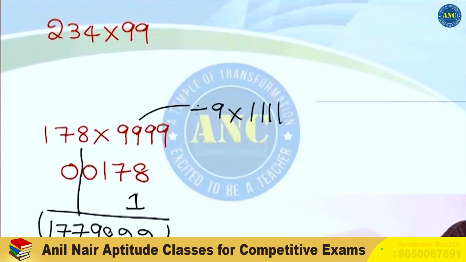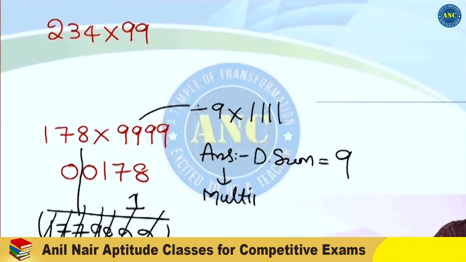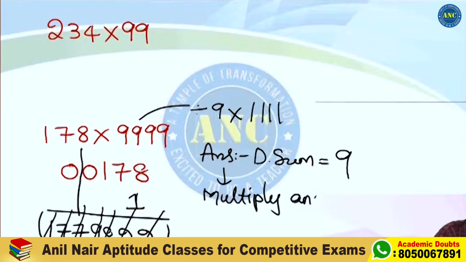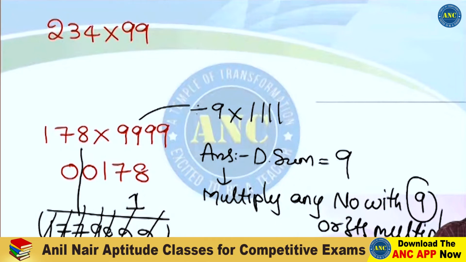4 nines is nothing but 9 into 4 ones. The answer digital sum should be 9. 7 plus 2, 9 out. 8 plus 1, 9 out. The answer digital sum is always 9. If I multiply any number with 9, its digital sum is 9, so its multiples too. For any multiple of 9, the answer digital sum will be 9.